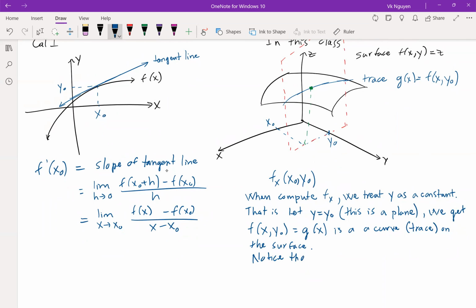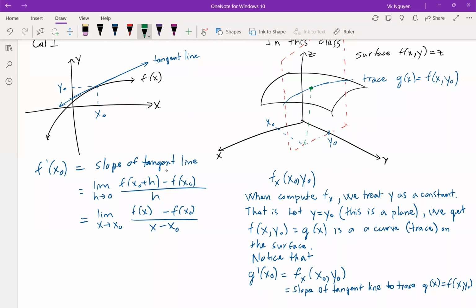Notice that g prime of x naught is the same as f sub x at x naught, y naught. We should know this one because we did it in Calculus 1. It's just the slope of the tangent line to the trace g(x) equals f(x, y 0).